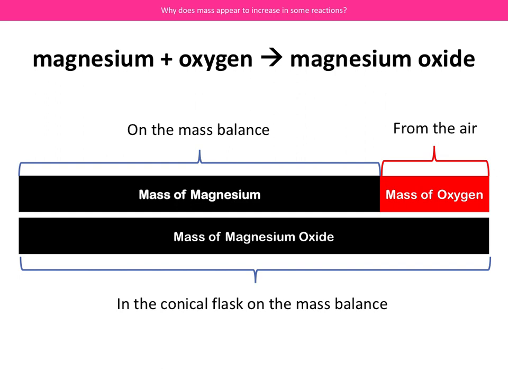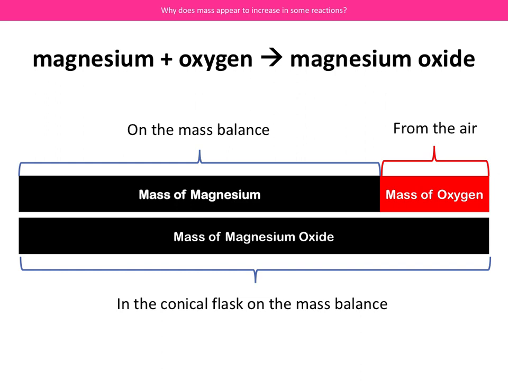So when it starts, this is a similar example, like the other one was iron wool, but we've got an example here with magnesium. It's the same principle. The magnesium, when it reacts, is actually reacting with oxygen in the air. Now on the mass balance, it's only the magnesium that's being measured, not the oxygen that will then react with the magnesium.